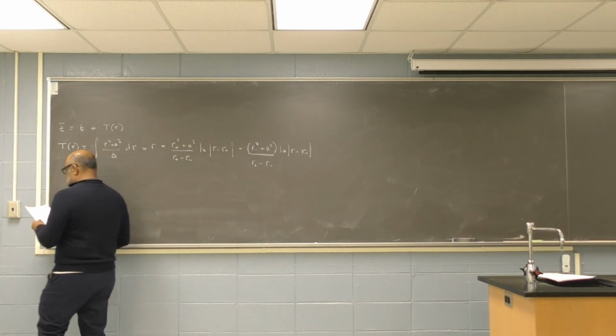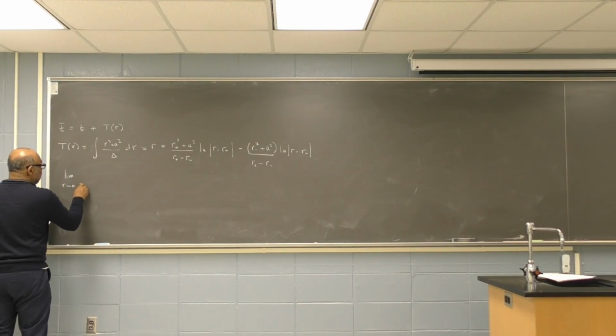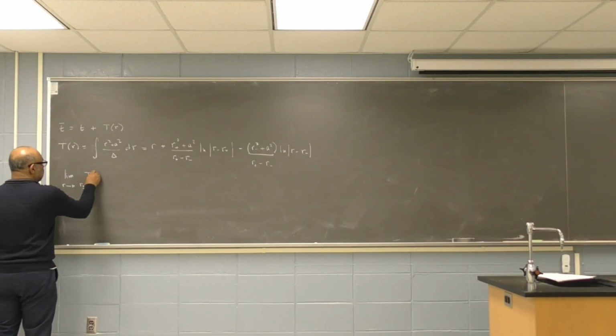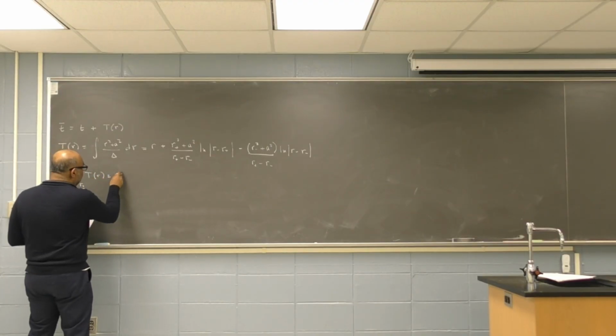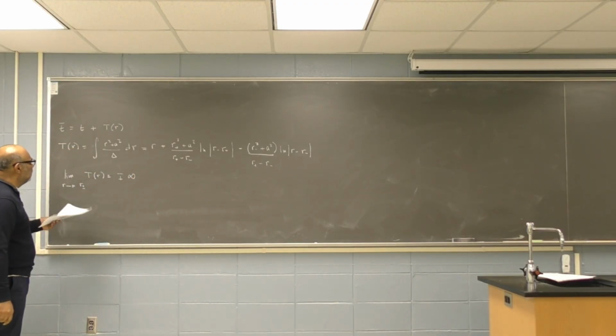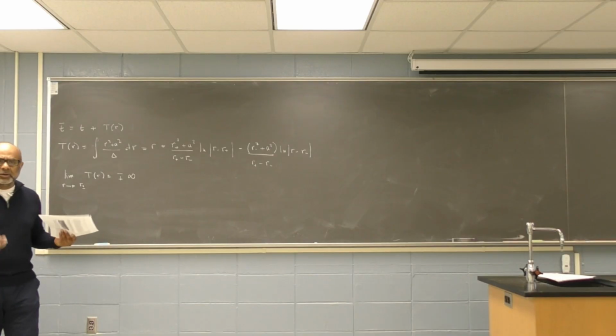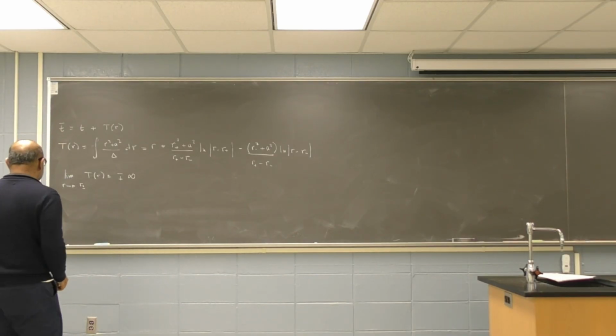Okay, and more importantly, note that as R approaches R plus and R minus, T approaches minus and plus infinity. We have to do a singular transformation to get rid of a singular surface, or coordinate singularity.